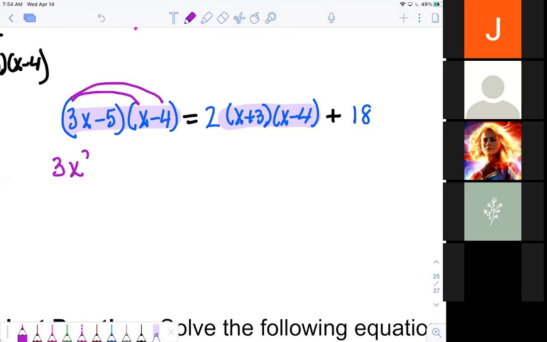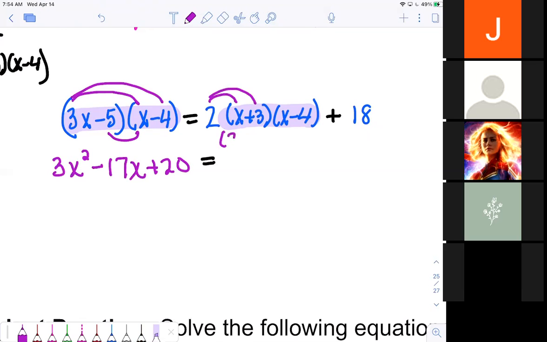So we have a 3x squared, and then there's a -12 and a -5, so that's a -17x, and then plus 20. And then we have that equal sign still. So when you distribute the 2 through, I'm going to just kind of show a little extra step here. The 2 only gets distributed to the quantity it's sitting next to.